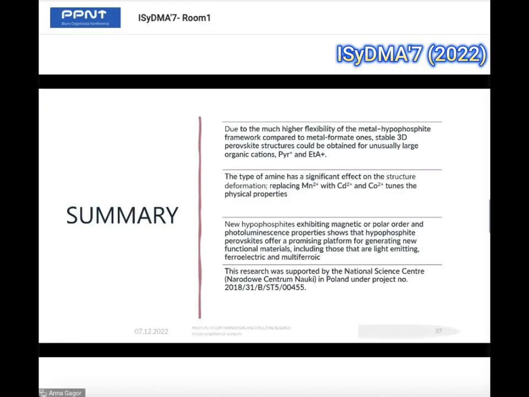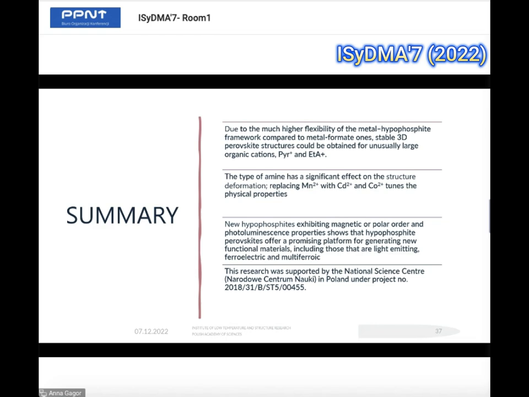I would like to summarize now my talk on the hypophosphites. It's the smallest group of the organic and inorganic perovskites, and due to the much higher flexibility of this metal hypophosphite framework compared to, for instance, formate ones, mostly ordered and stable perovskite structures are formed, but we can also obtain three-dimensional structures for larger amines.